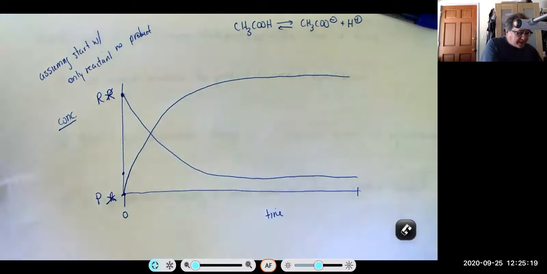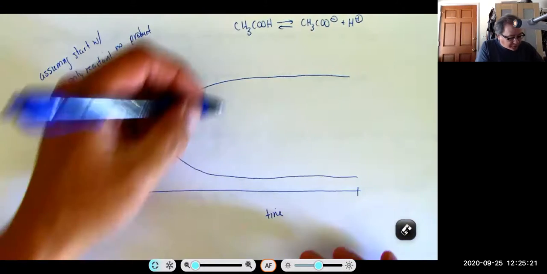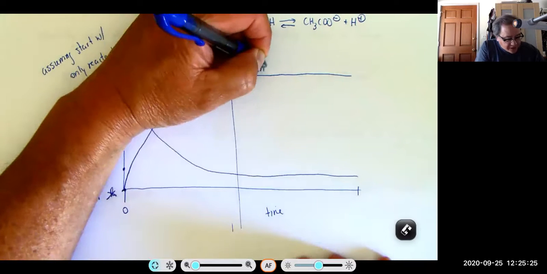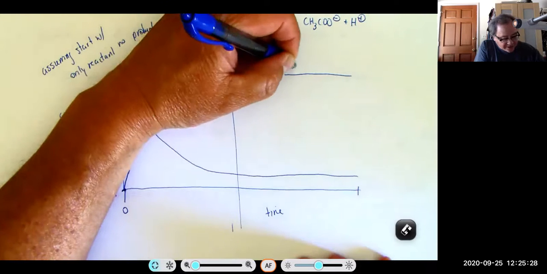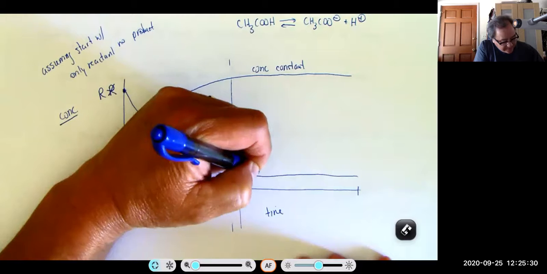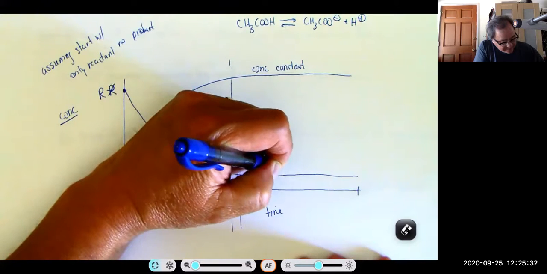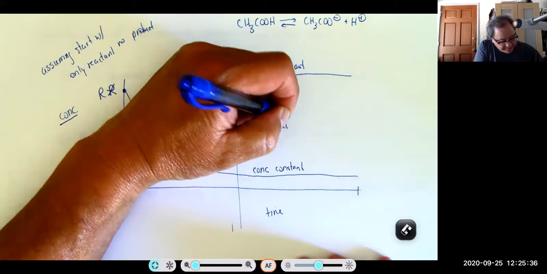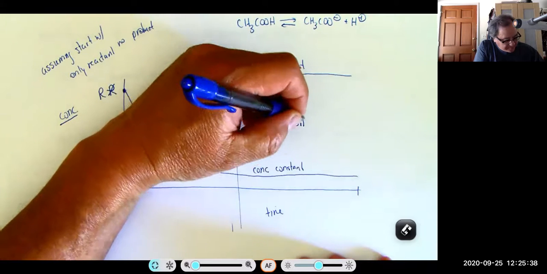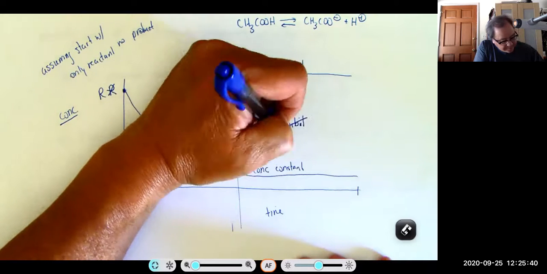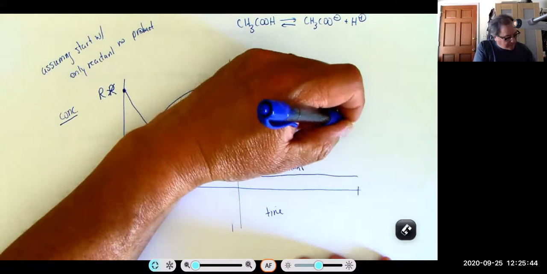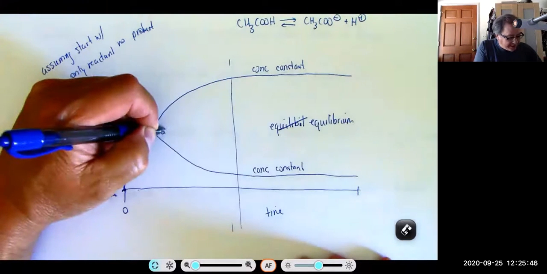The important thing about this graph is that once we reach a certain amount of time, the concentration is constant. It does not change. And this is the equilibrium part of the graph. And this is approaching equilibrium.